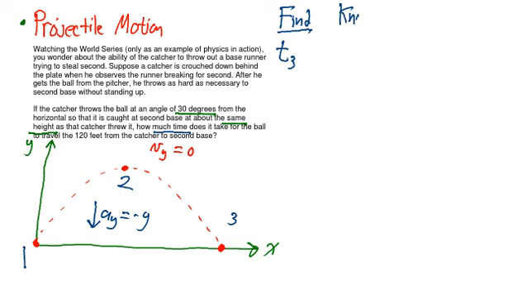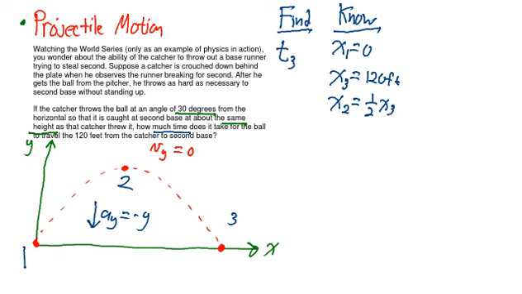Let's write down what we know. The value of x1 is equal to 0. The value of x3 is going to be equal to the 120 feet that's given, and the value of x2 is 1/2 of x3, because for projectile motion in which the starting and ending points are at the same elevation, the motion is symmetric.